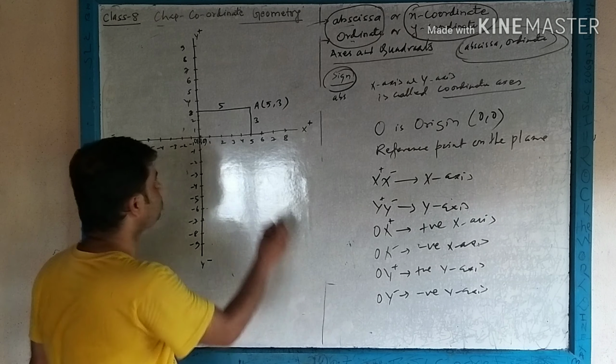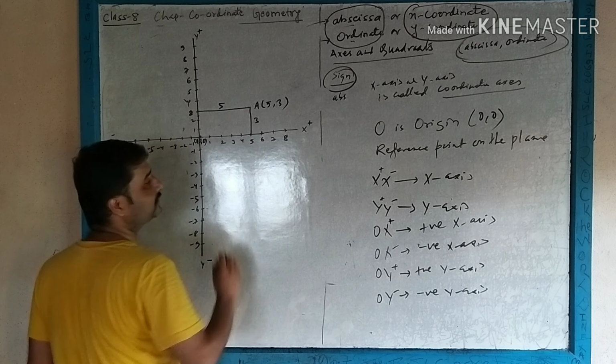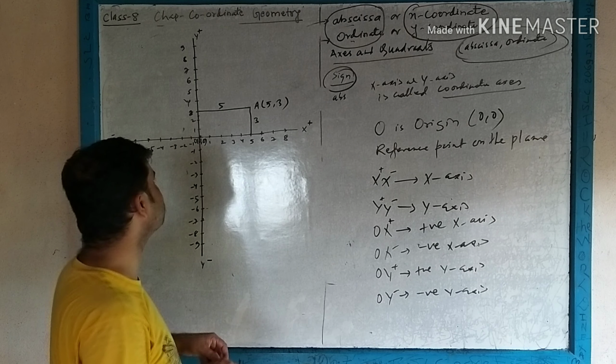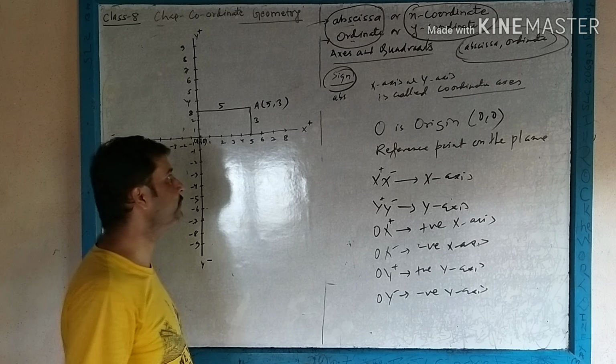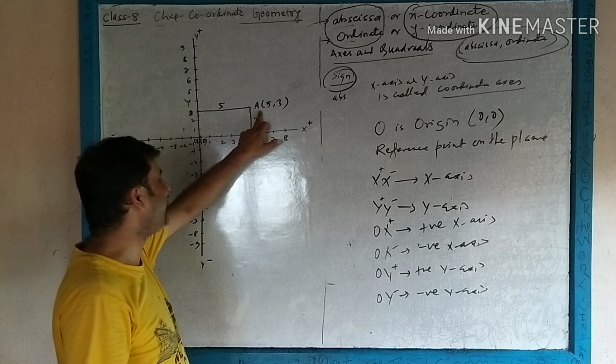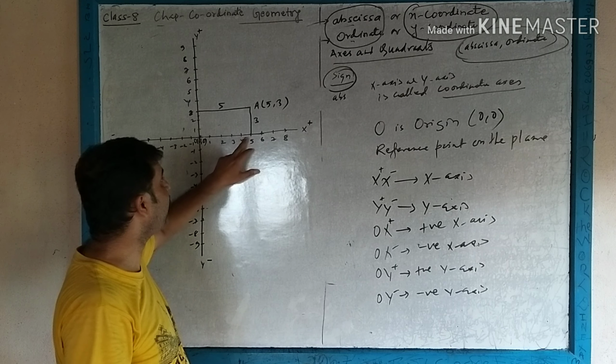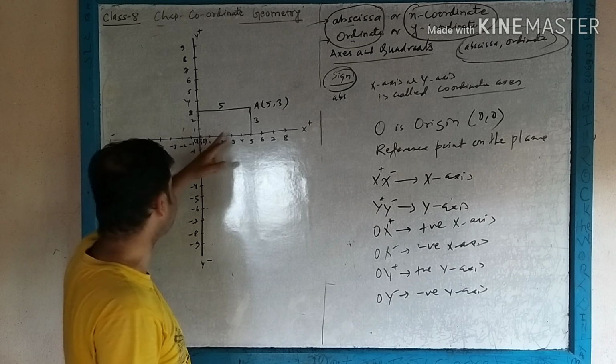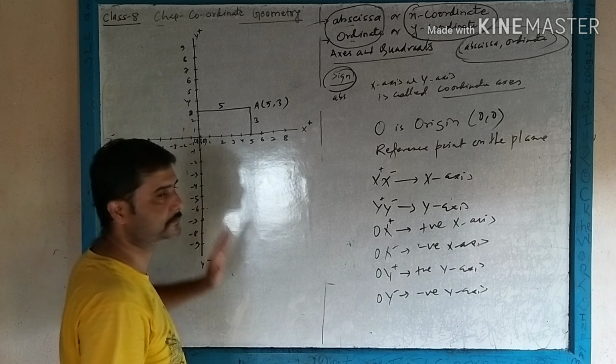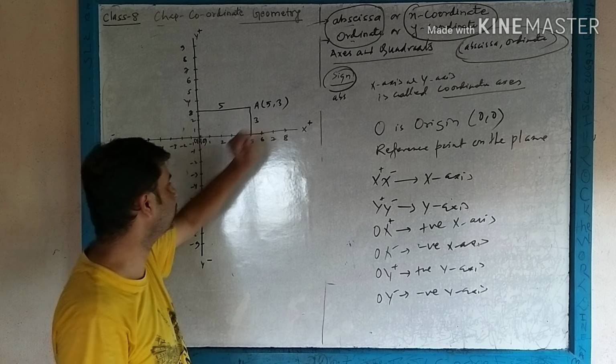If you want to find the distance from the origin, you draw the line, you get the distance. Still, before finding the distance OA, here I have to say something. The point A is 3 units far from the x-axis and 5 units far from the y-axis. 5, 3.